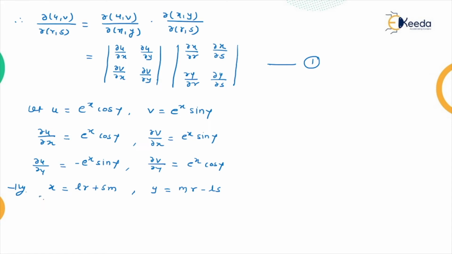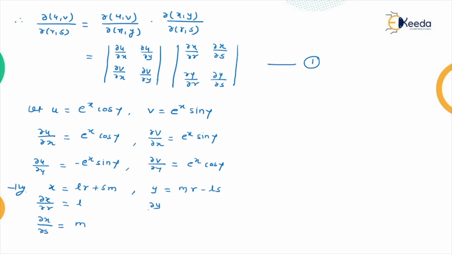We differentiate x with respect to r, treating the other variable as constant, so ∂x/∂r is l. ∂x/∂s is m.